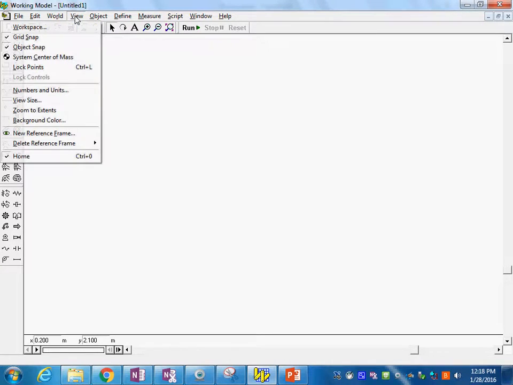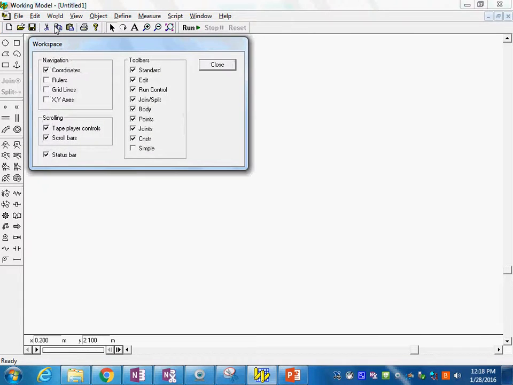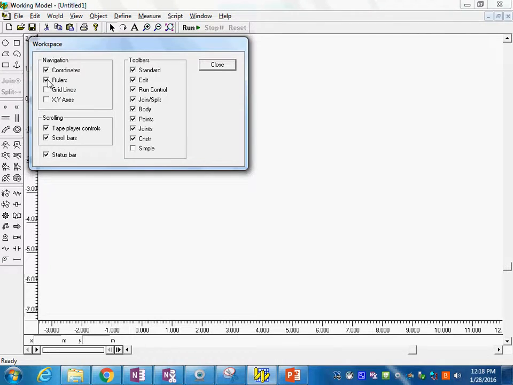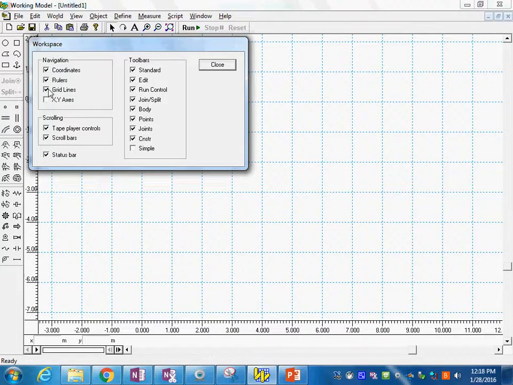One thing that I like is, where it says workspace, I like the rulers and also the grid lines. It gives us a little bit more of a reference point.